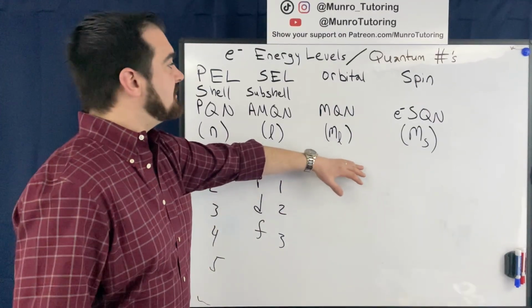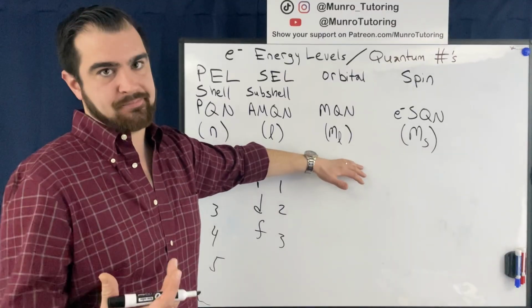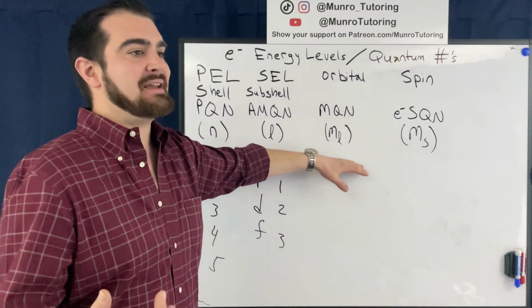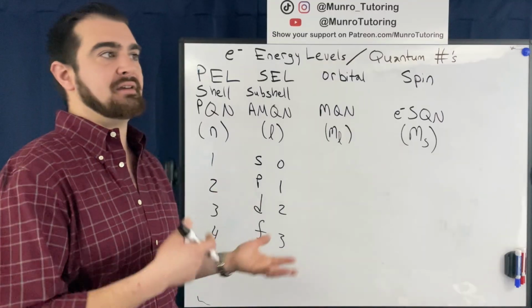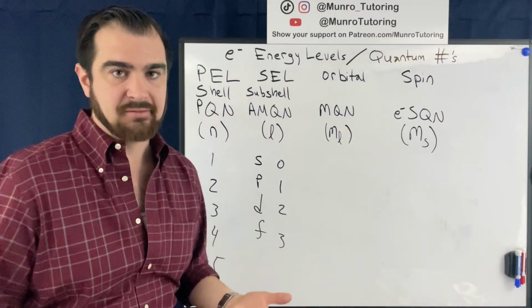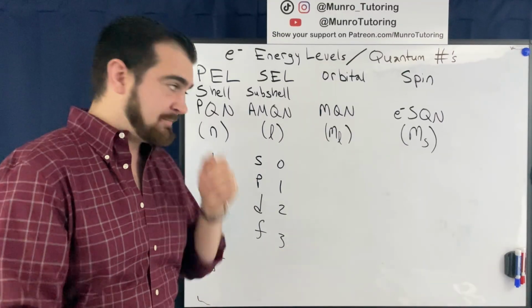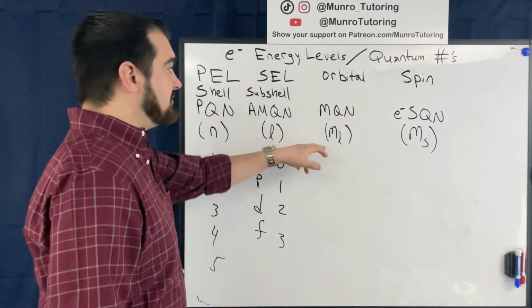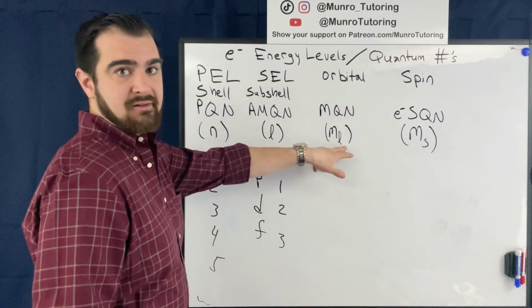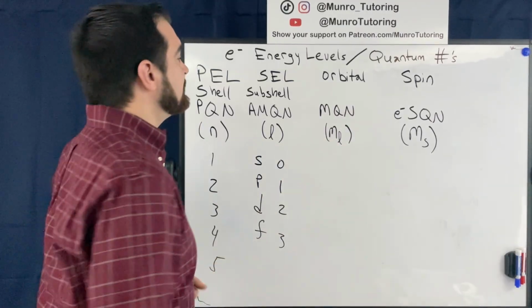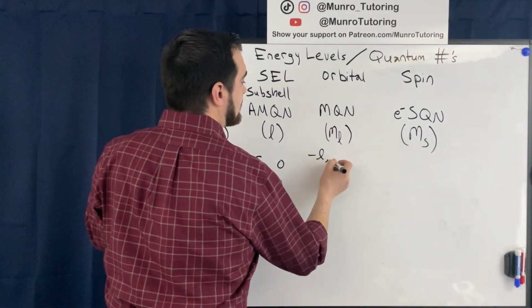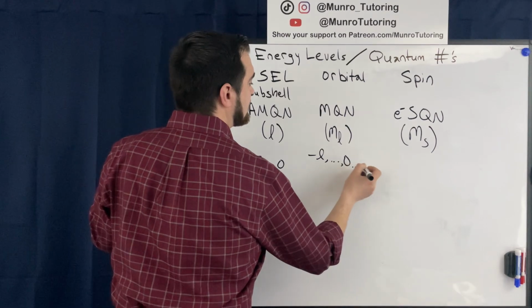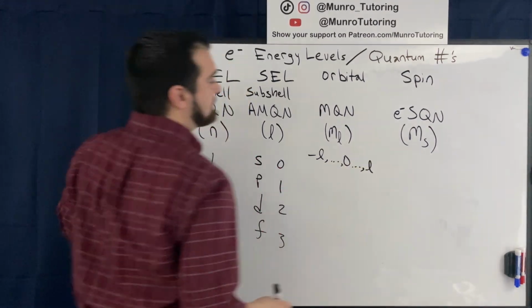Now over here, we want to number them. So again, at the end of the day, I'm not going to say like the 3rd orbital in the P sublevel. We're just going to have a number for it. And so we use this variable m sub l, this L is a subscript here, and they range from -L to 0 up to +L.